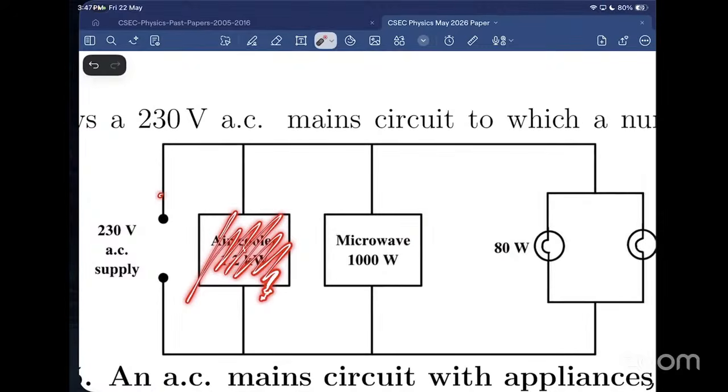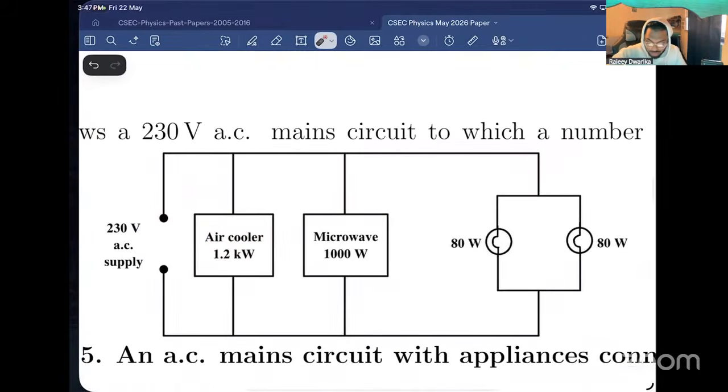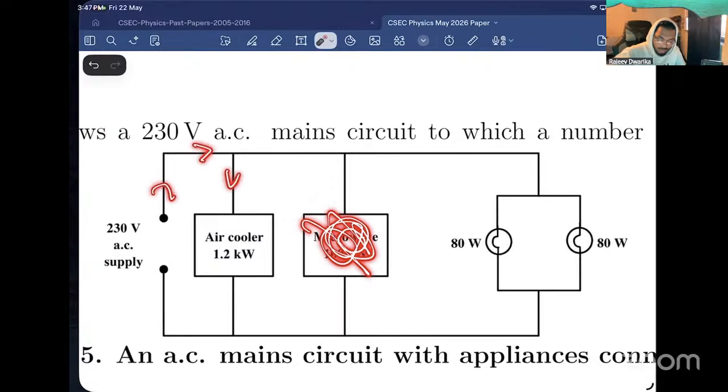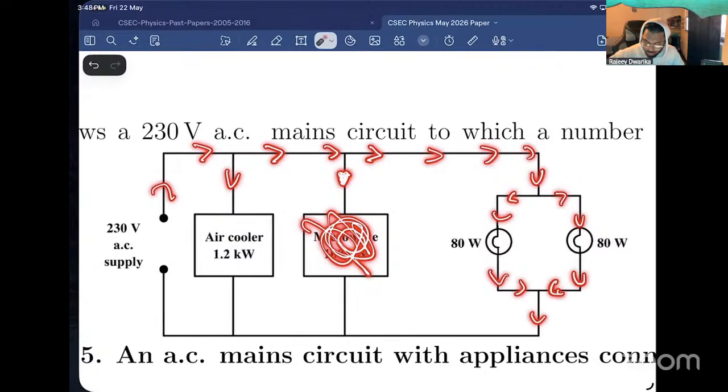Oh yeah, because it's a parallel circuit. If the microwave stops working, will the whole circuit break? No, it won't. Because watch. If this breaks, current would just flow as per usual. It would still have a return path.